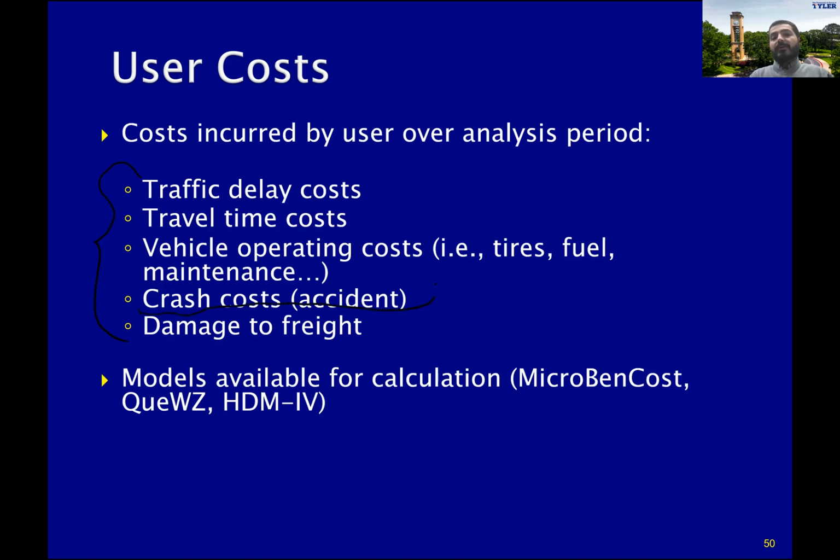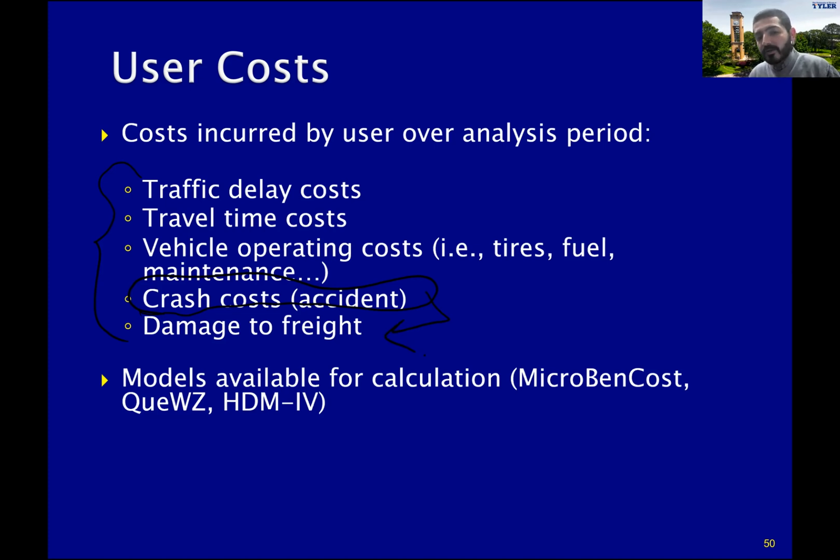I hate to say this, but user costs can also include crash costs. Different alternatives or different maintenance and rehabilitation techniques may contribute in one way or another to increasing or decreasing the crash severity, and therefore the crash cost, and of course included in that is the damage to the freight.